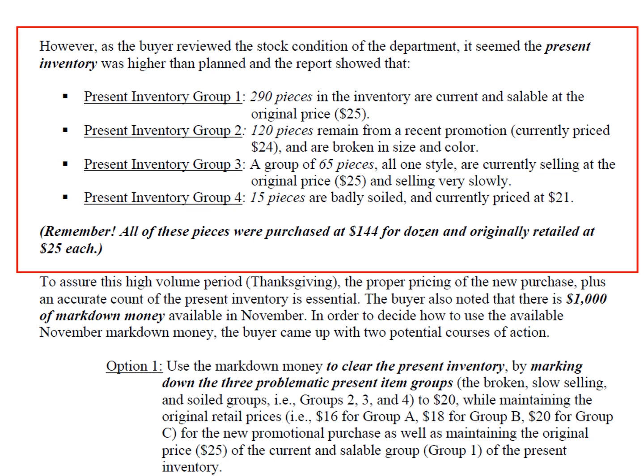And all these present inventory groups were originally retailed at $25 each, although they are currently retailed for different prices. Some are still sold at original retail prices, and some are sold with a little bit of markdown, like group 2 and group 4, which are currently sold for $24 and $21 respectively.